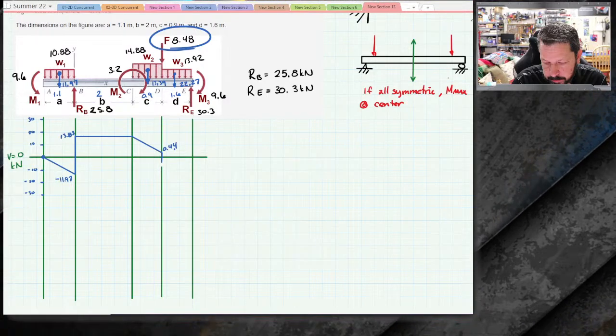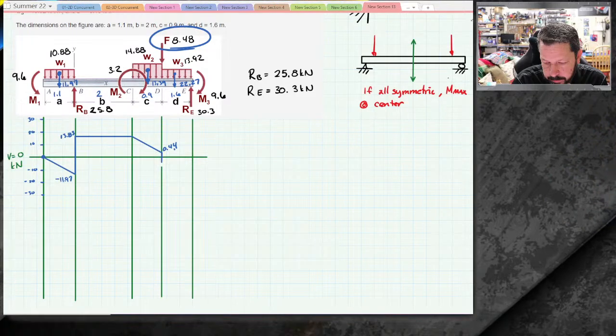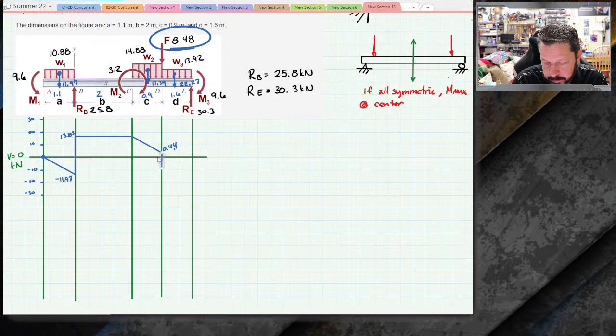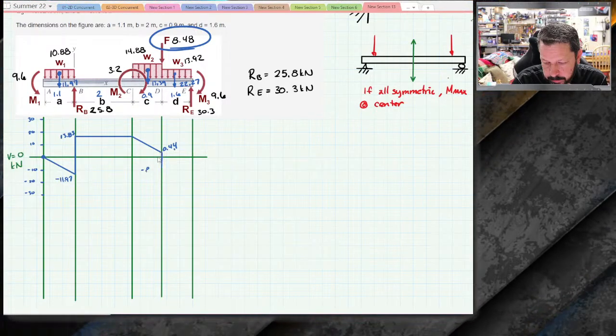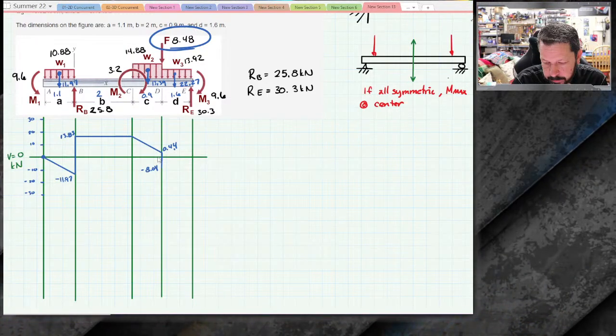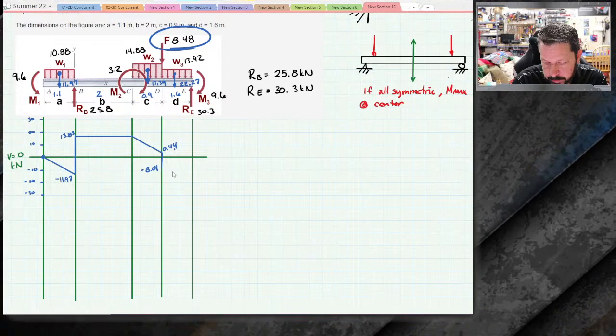And now I subtract off another 8.48. And I go down to negative 8. So I go down a little bit further. Negative 8.04. And then I subtract off 22.27. Now we're looking much more like what we would expect.